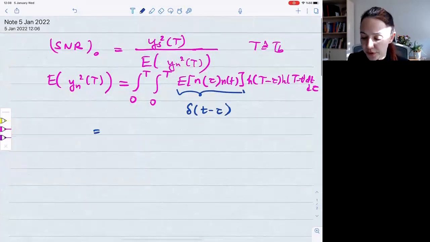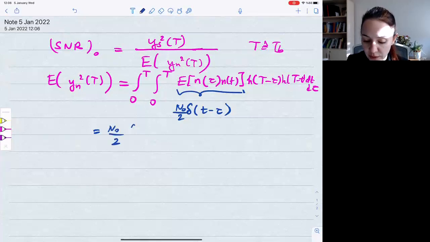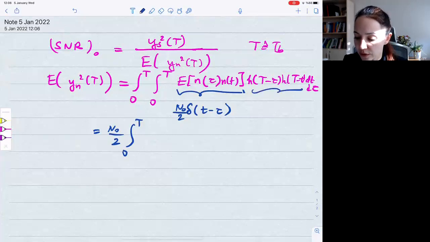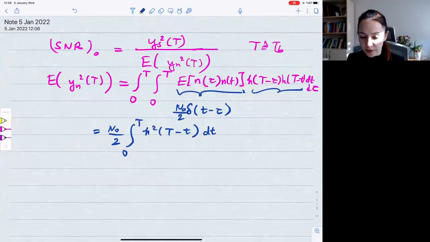Using the shifting property of the delta function, we get N0/2, a single integral from 0 to T, and now t is equal to tau, so this turns into h squared of T minus t dt. Okay, so this is the denominator of the SNR.